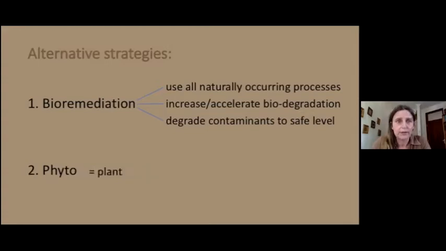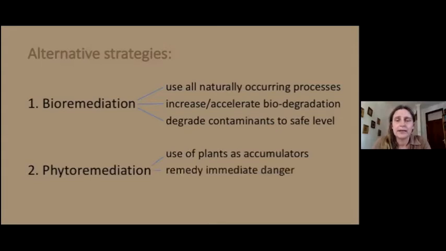The word phyto meaning plant. So this is a remedy that is based on the use of plants and their ability to take up and accumulate contaminants in their soils. This is a strategy that can help us to quickly reduce the danger from contamination, especially by inhibiting its spread into the larger area.